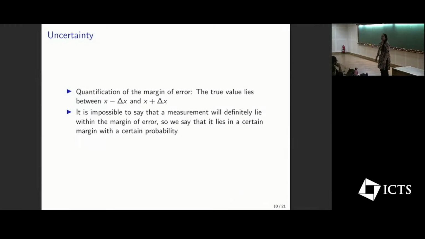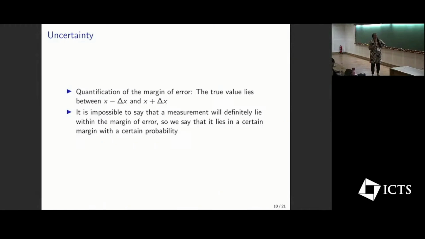For example, if you are familiar with calculating the standard deviation, that means 68% of the time, a measurement would lie between x plus standard deviation and x minus standard deviation. These are things we keep at the back of our mind and often forget, so it's useful to remind ourselves.